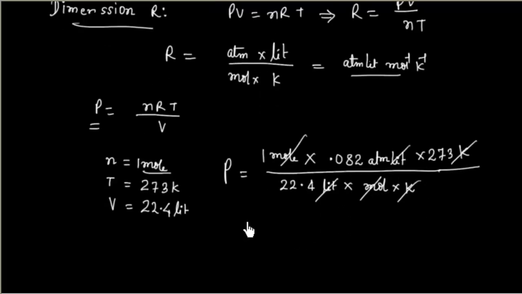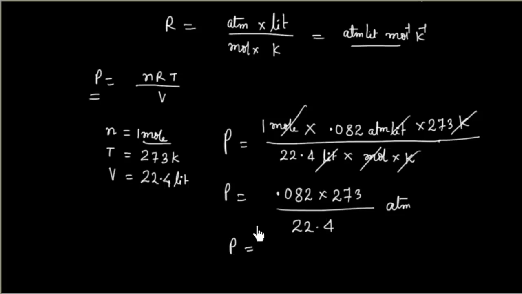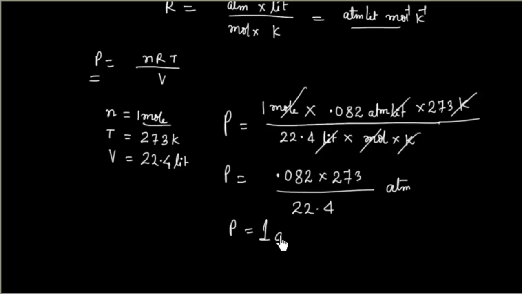Finally we have the dimension of atmospheric pressure, from 0.082 multiplied by 273 divided by 22.4. It should be atmospheric pressure, because pressure should be in atmospheres. So I calculate 0.082 times 273 divided by 22.4, and this is around 1 atmosphere.